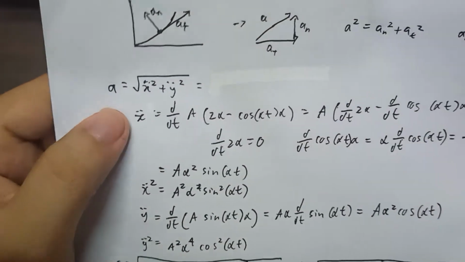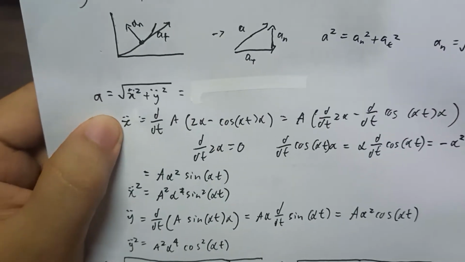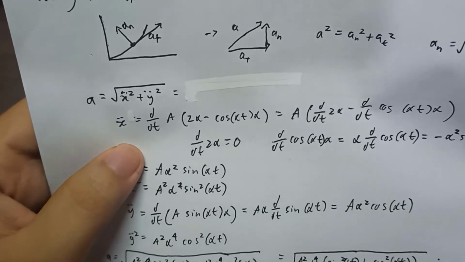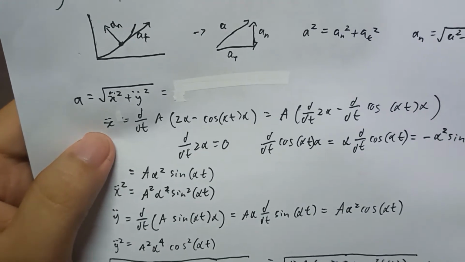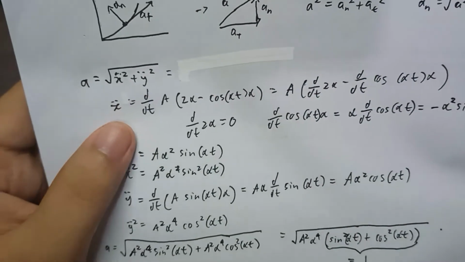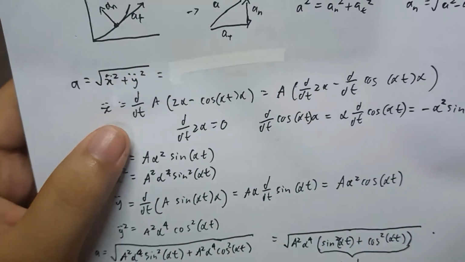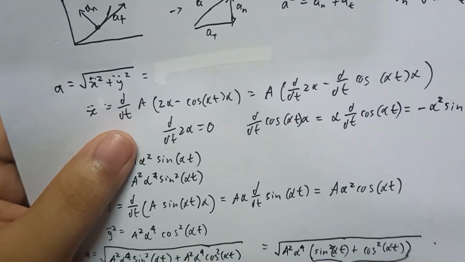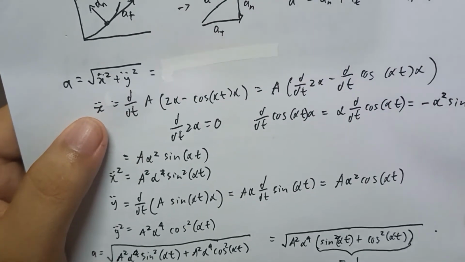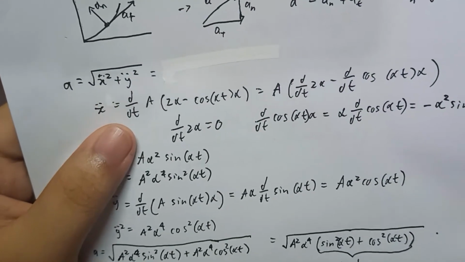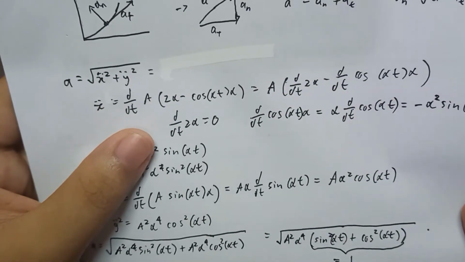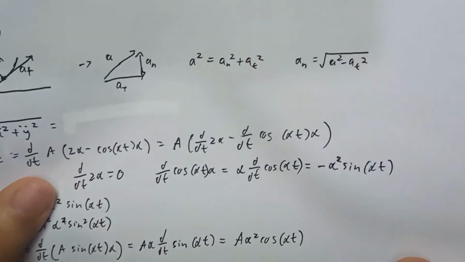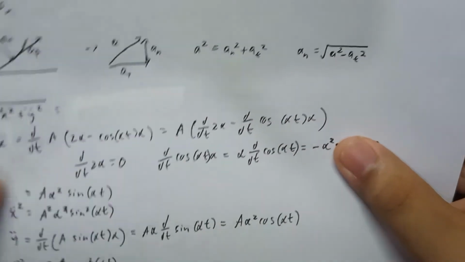To solve for the acceleration, we first have to find the second derivative of x and y. We already solved for the first derivative of x and y, which means it will be easy for us to get the second derivative, which we just have to get the derivative again with respect to t. And for the second derivative of x, we get the derivative with respect to t of a times 2 alpha minus cosine alpha t times alpha, which gives us a, which is the constant.